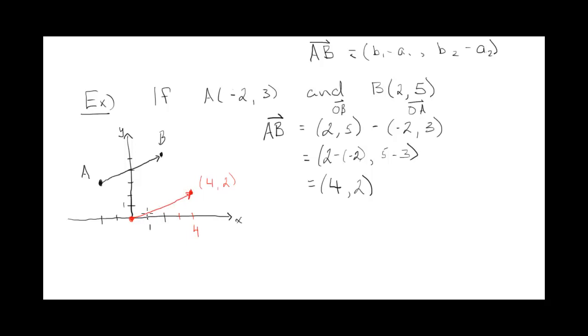So I've drawn two separate vectors, AB and then this vector over here, but these vectors are the same vectors because they meet our definition of equivalent vectors. They're the same magnitude, same length, and they're in the same direction. So the vector AB, you write it as this equivalent vector, which is starting at the origin and ending at the point 4, 2.